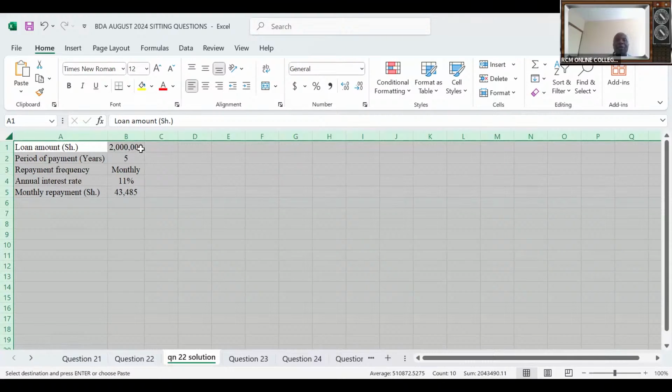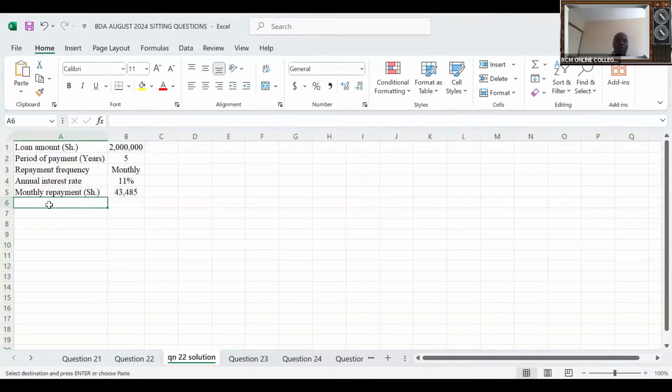All right. So remember, we are paying this loan on a monthly basis. But you can see the interest rate given here is an annual interest rate. Even the number of periods, I can see it is in terms of years, 5 years. So the first thing that I'll do is to get what we call the NOM, number of months.